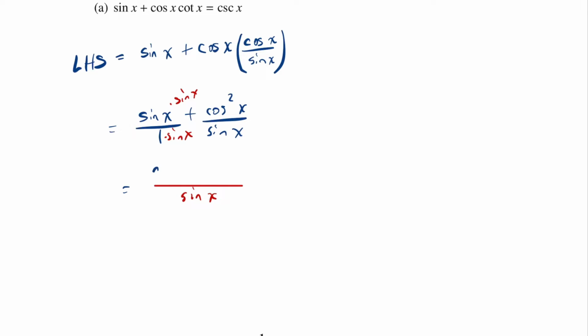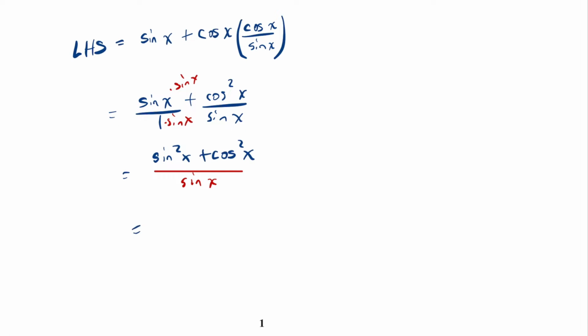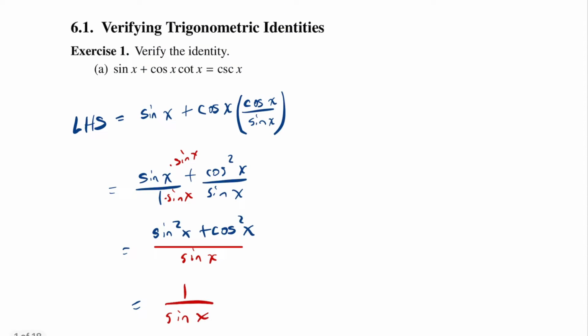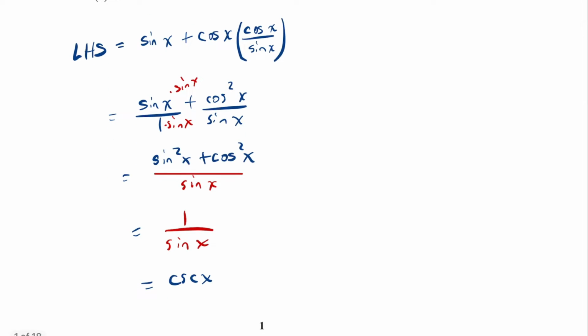And now I end up with sine squared x plus cosine squared x, and we know that's a Pythagorean identity. That is equal to 1 over sine of x, which is equal to cosecant of x. And that is exactly what we needed to get to the right-hand side.